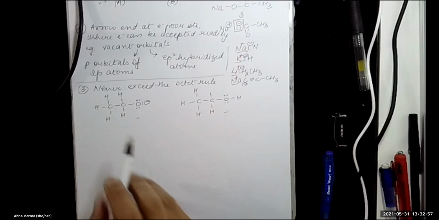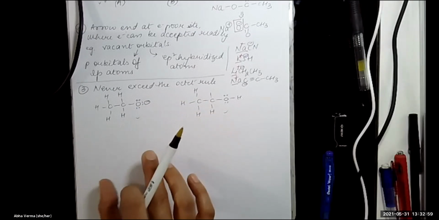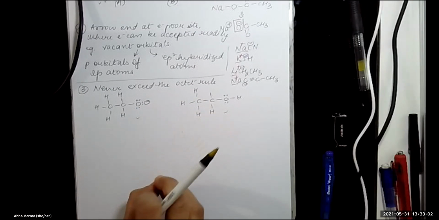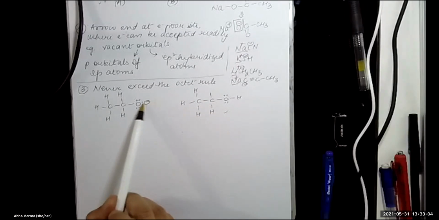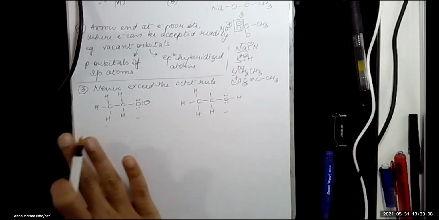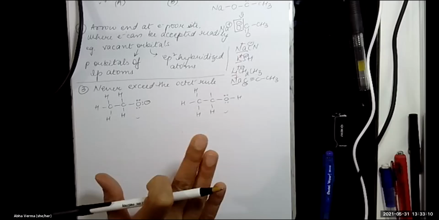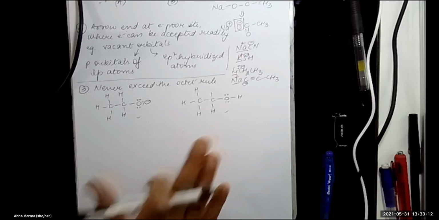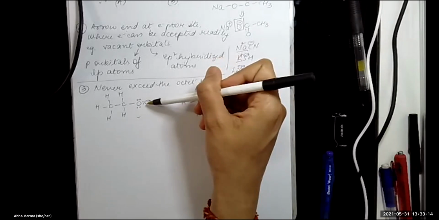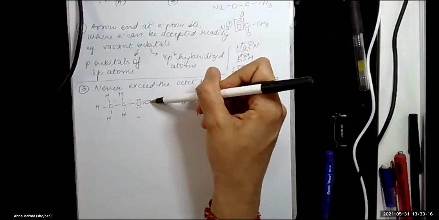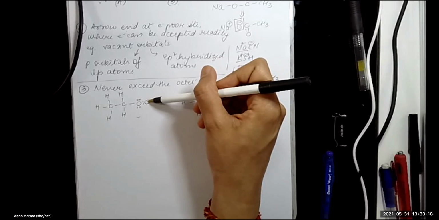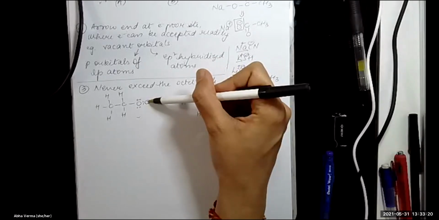Okay, now when does resonance take place? Whenever it can. In both of these structures, the resonance cannot take place. Why is that? Let's look at this first example. This extra electron, the O negative, is the electron-rich site.